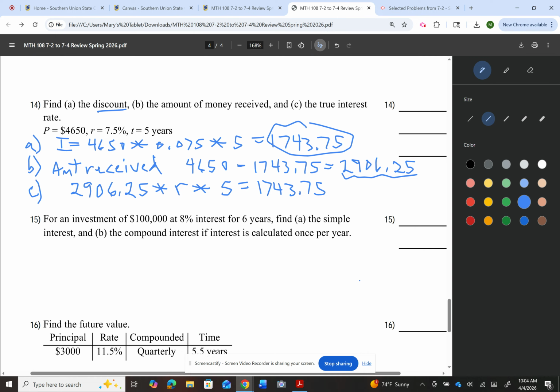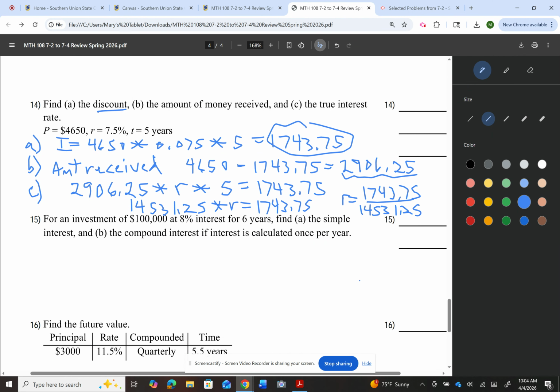So I'm going to take the 2,906 times 5. That's 14,531.25 times the R. So R would equal the 1,743.75 divided by that 14,531.25.